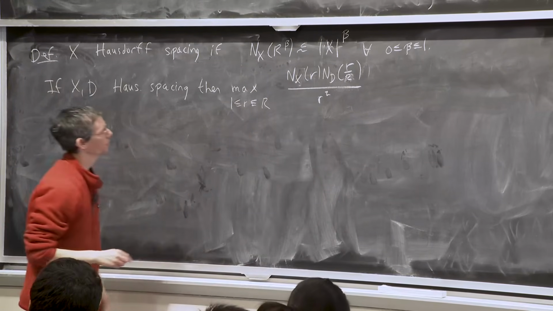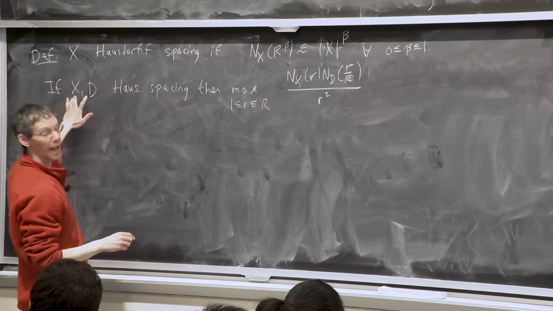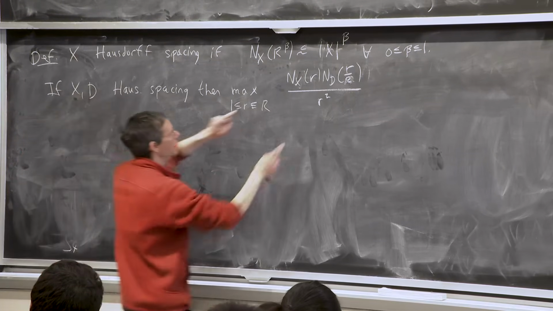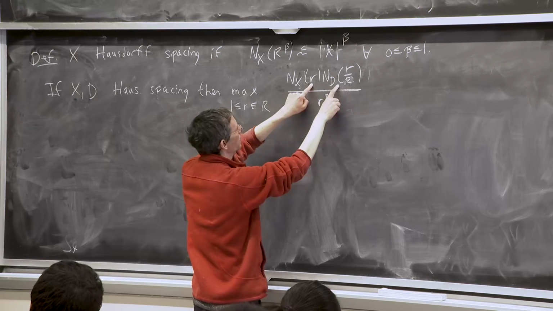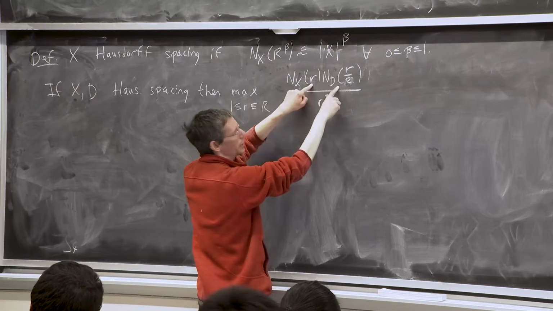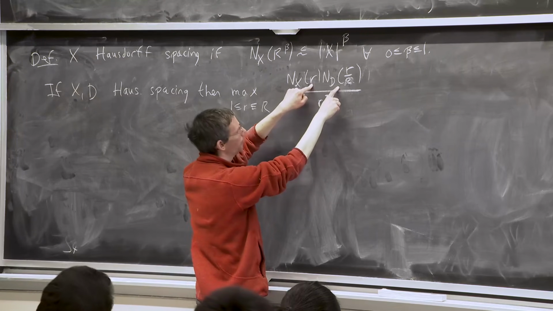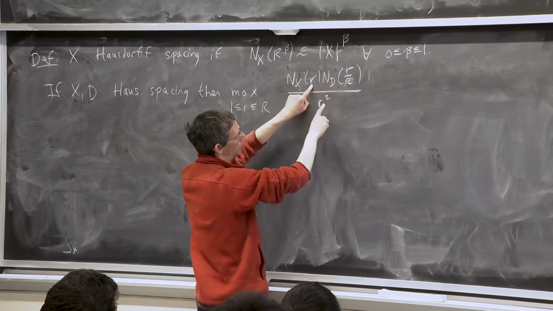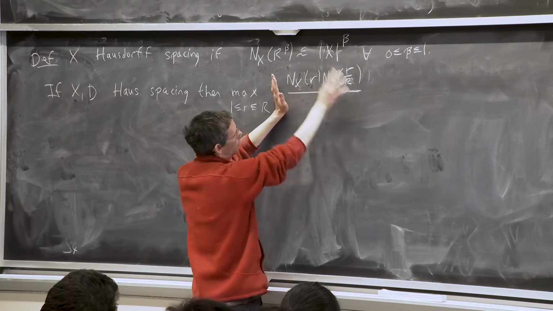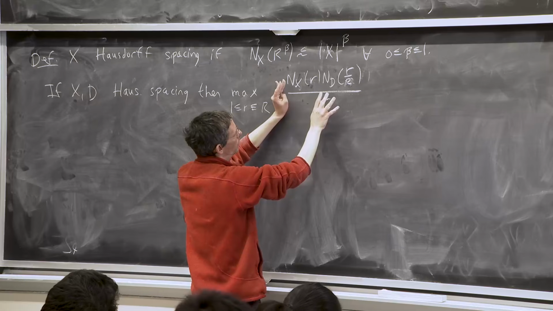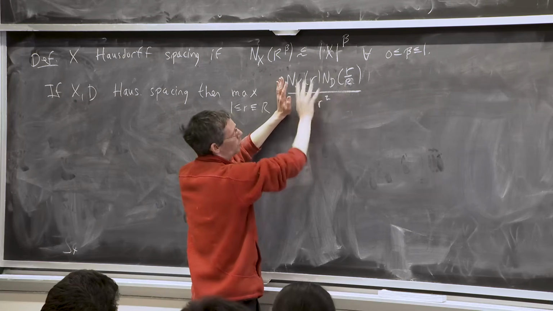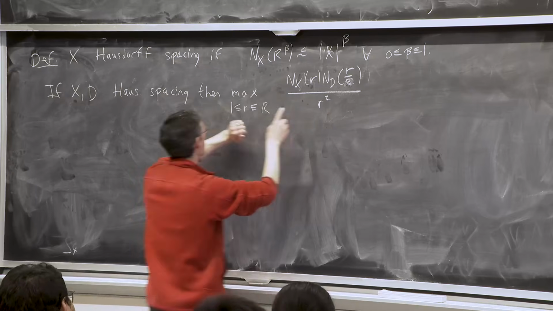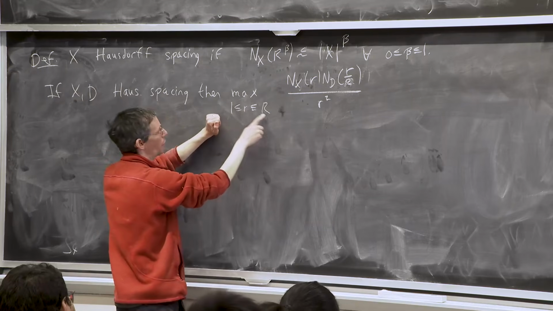OK, what happens? So I assume that both x and d have Hausdorff spacing. It's important to have both of them. Then each one of these things gets replaced by some power of x or d. And once you have a power law, the whole expression will be some power of little r. The power could be positive or negative, but the maximum will occur either at 1 or at big R.